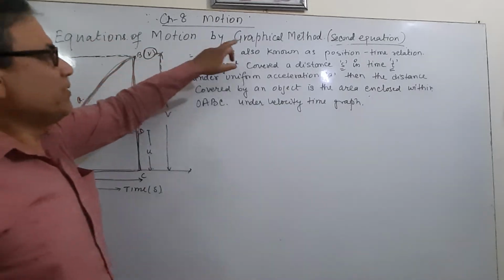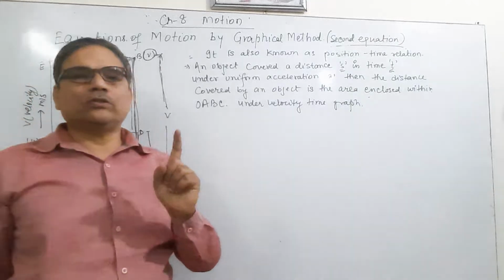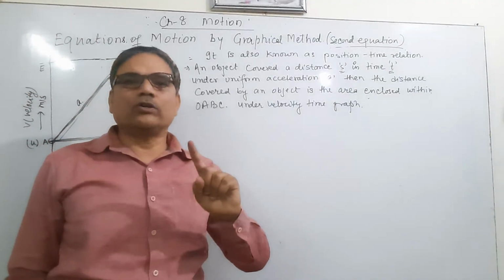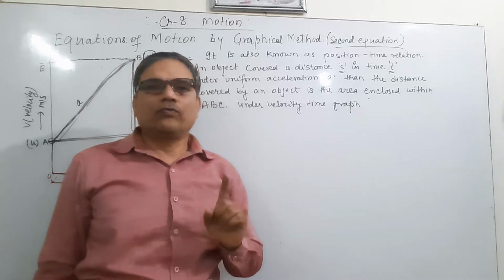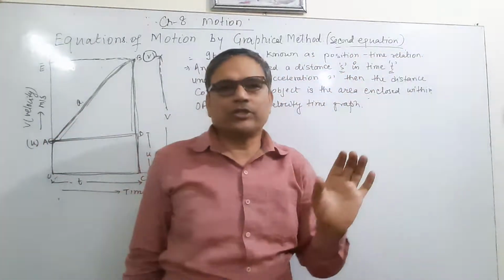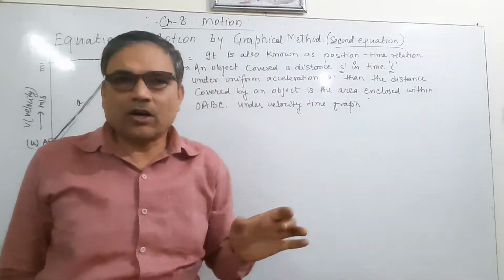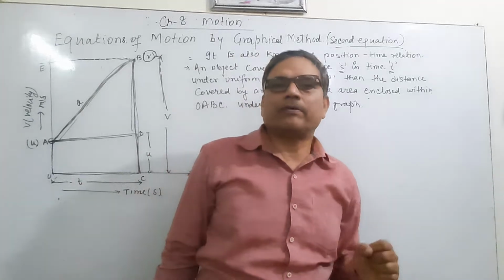Equation of motion by graphical method, the second equation. In the second equation, you know S is equal to UT plus half AT square, which is also known as position time relation. Position means S, distance, how much distance is covered by an object in a given interval of time.